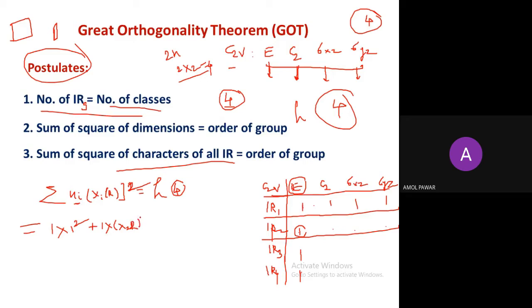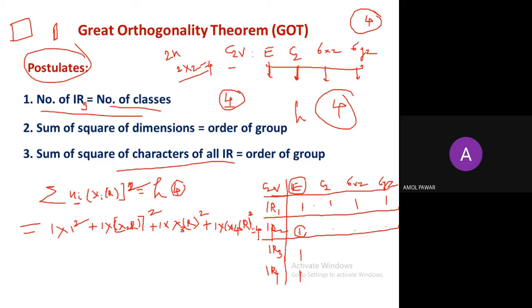Plus again 1 of sigma xz into character 3 square. Similarly, 1 of sigma yz into character 4 square is equal to 4.